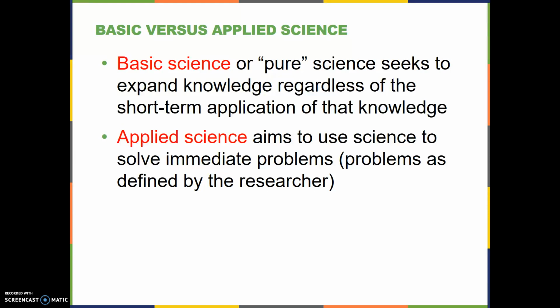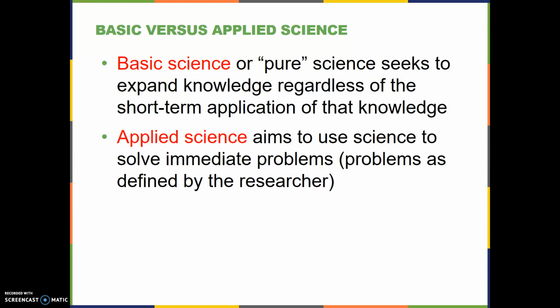There are two types of science, and we're kind of changing topics here, and we use both of these sciences in biology. We sometimes use basic science and sometimes applied science.